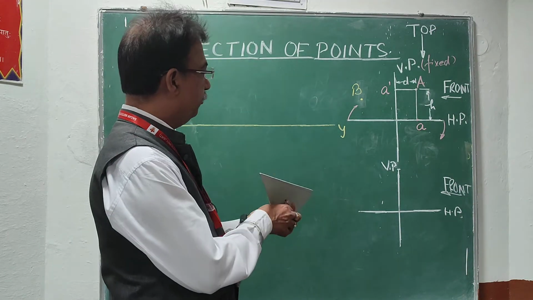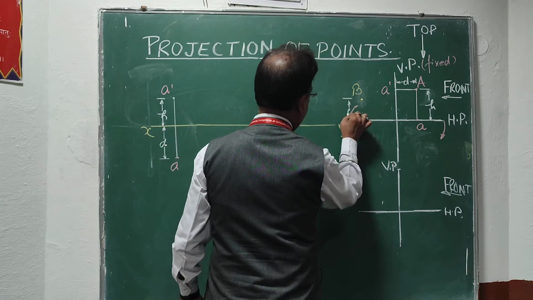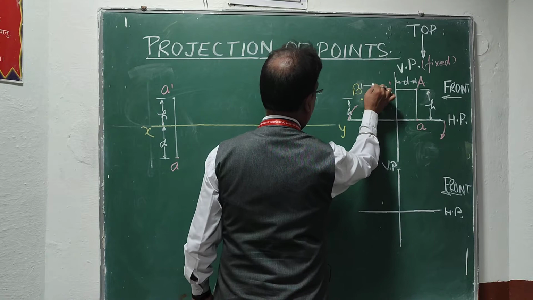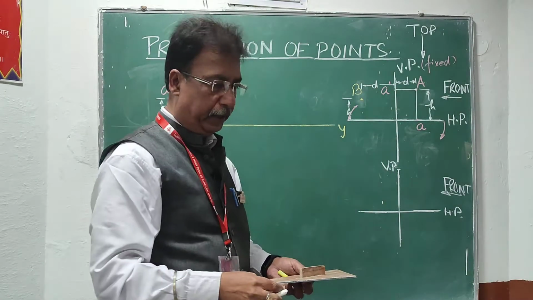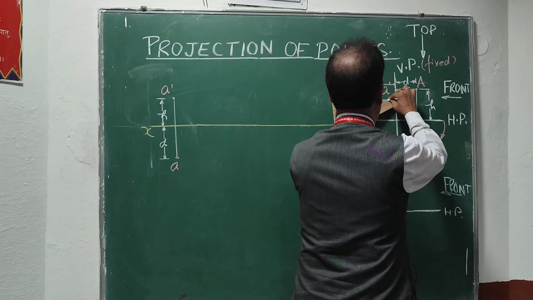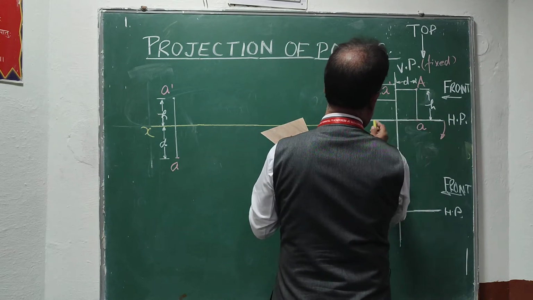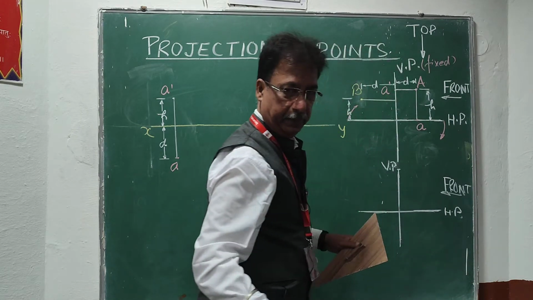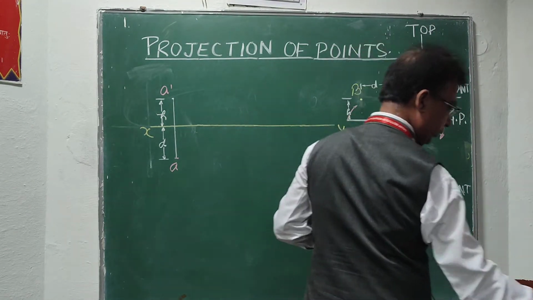Now again suppose this will be a point B. Again suppose this will be H above the HP and D in front of VP. So from this point I will again drop a perpendicular on the VP and the intersection will be the front view, that will be small b dash.